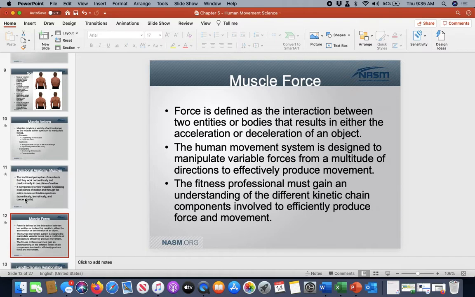The definition truly, what force is defined as, is the interaction between two entities or bodies that result in either the acceleration or deceleration of an object. So do not always think that things have to speed up. We have to slow things down. Think about walking up and down stairs, excuse me. So if you're walking upstairs, you're accelerating. You have to be able to get your body to move up those stairs.